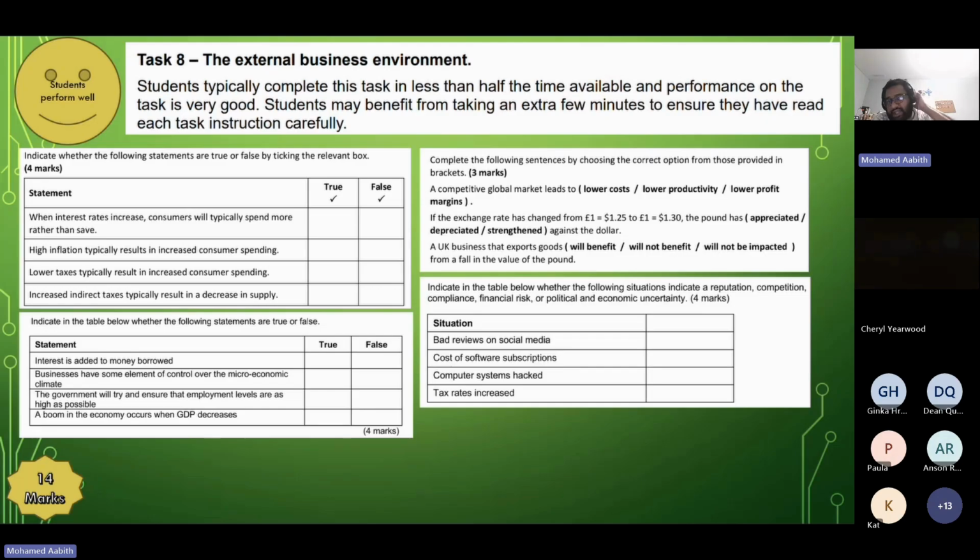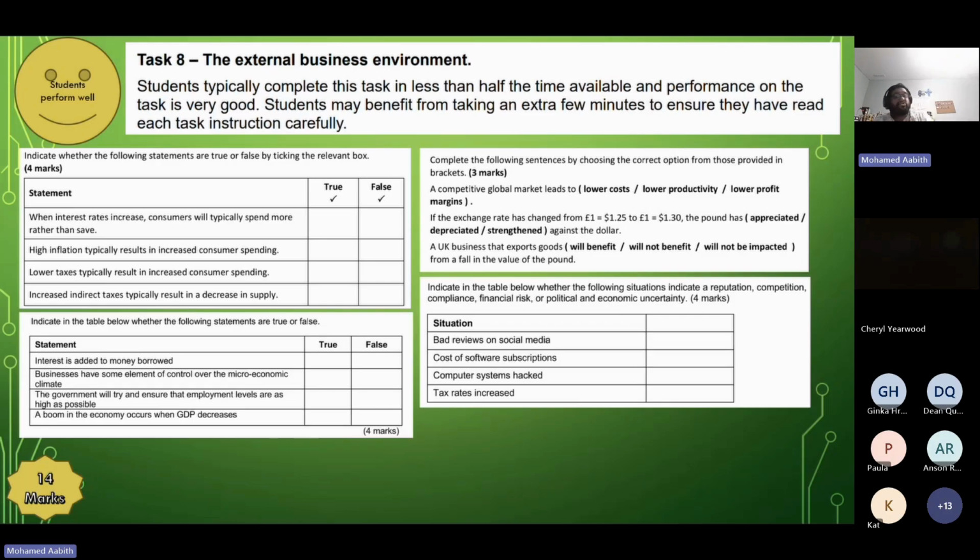A UK business that exports goods will benefit from the fall in the value of the pound. If I'm going to lose value on my pound, I will benefit by exporting goods. Why? Because my pound is weaker, I'm going to get paid in a stronger currency and I will get more value for my pounds.